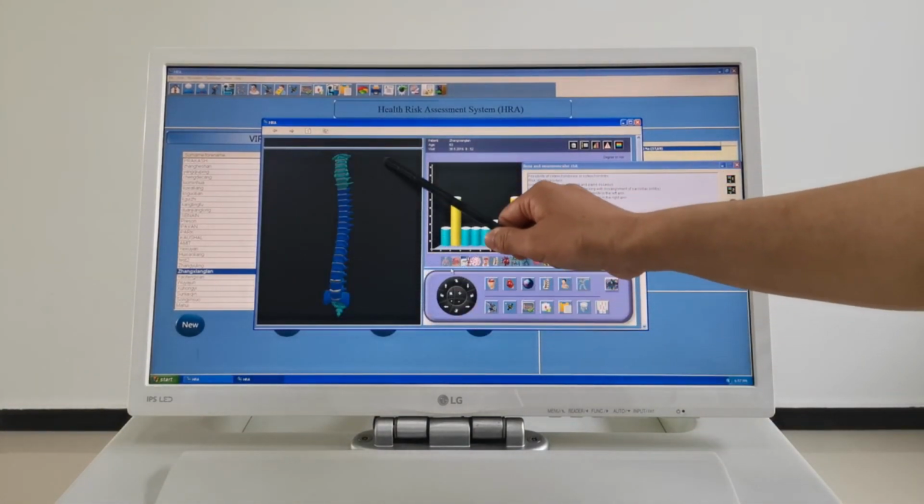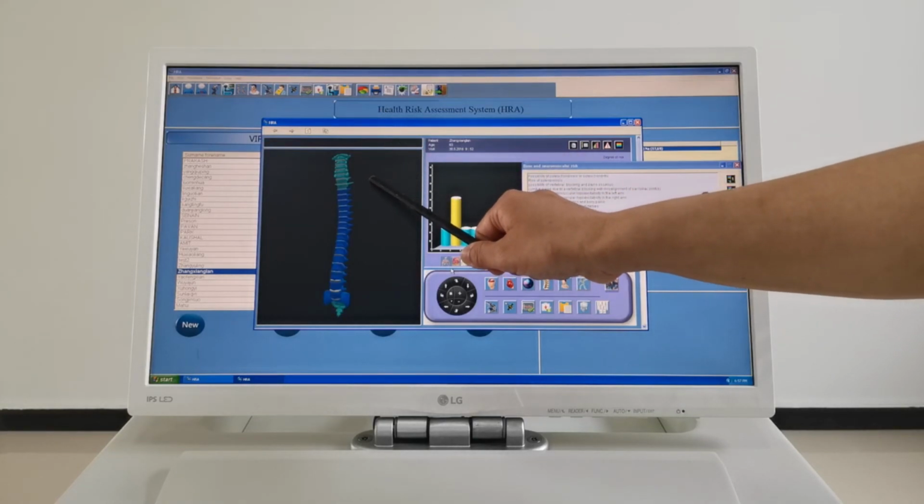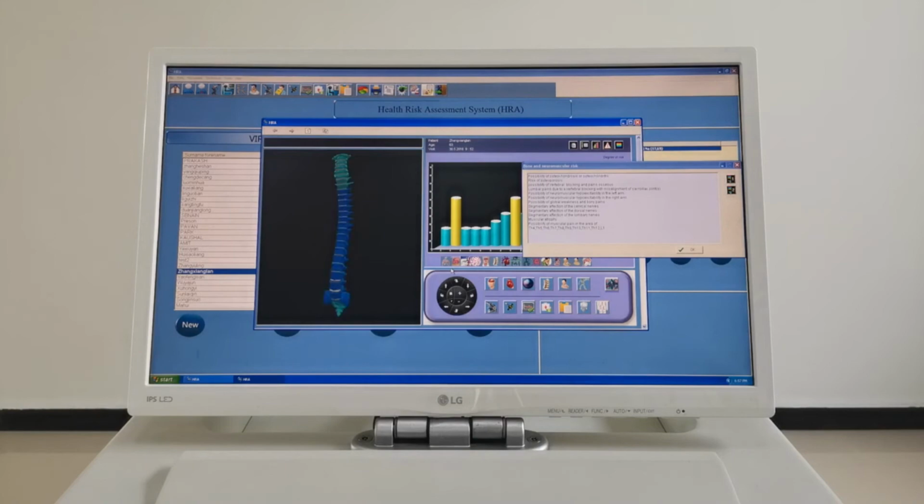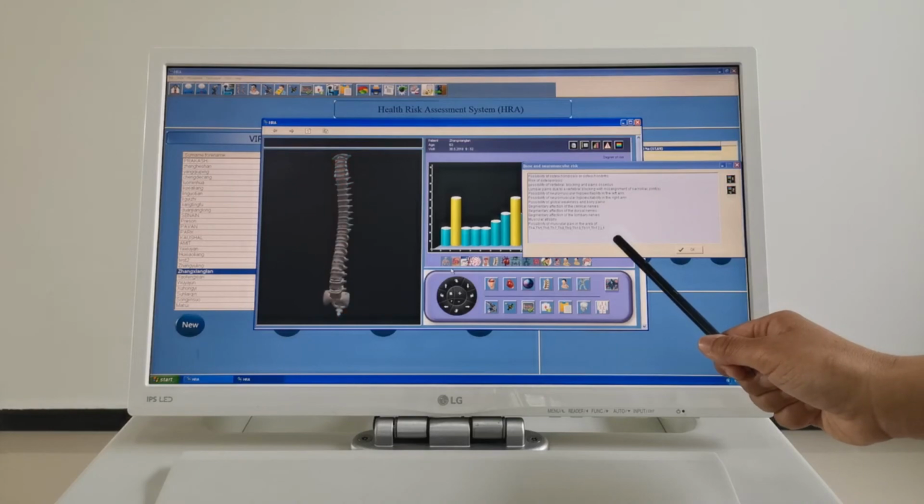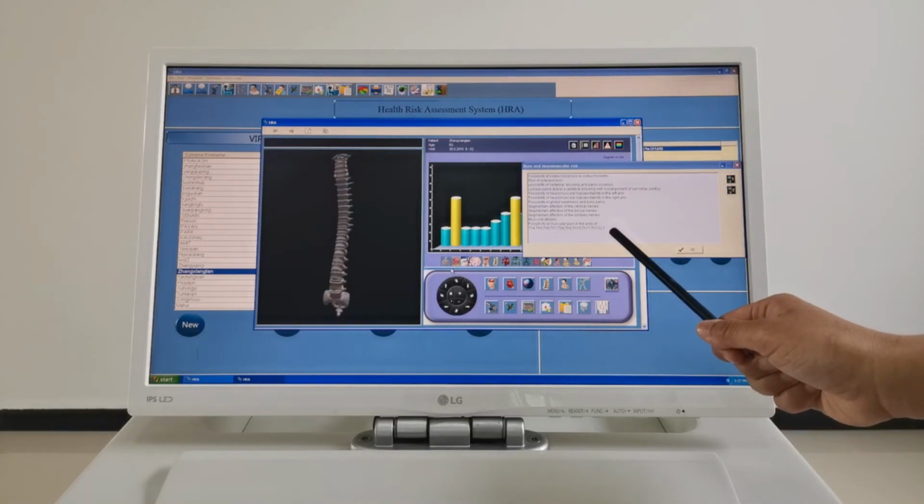For the skeleton system, there are different degrees of blue from the cervical vertebra to the entire sacral tail, indicating that your joint vitality decreases and you are prone to stiff pain. At the same time, the system reminds you that your bone density has been reduced.